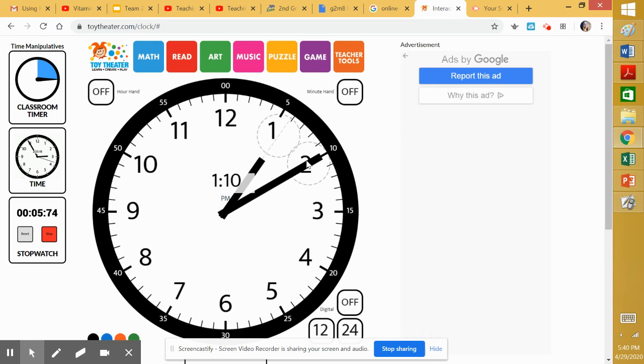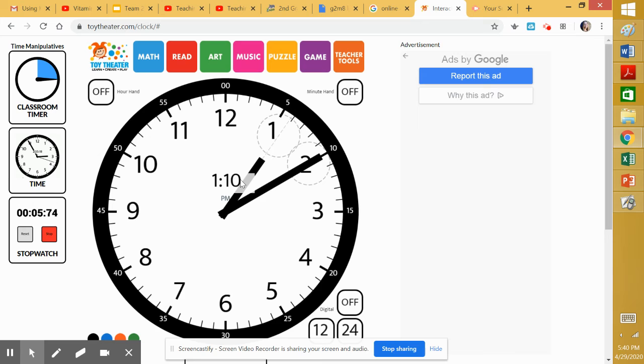Where is your minute hand? It's on the 2. Well, think back. What do the numbers stand for? 5 minutes, right? So 10 minutes past what hour? The 1 o'clock hour. We would say this 1:10.